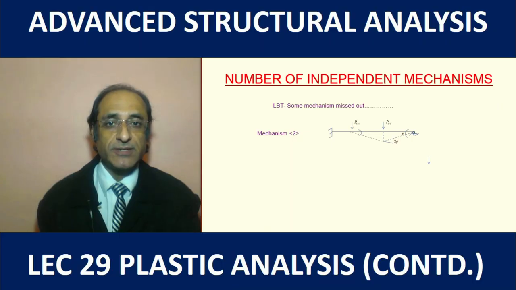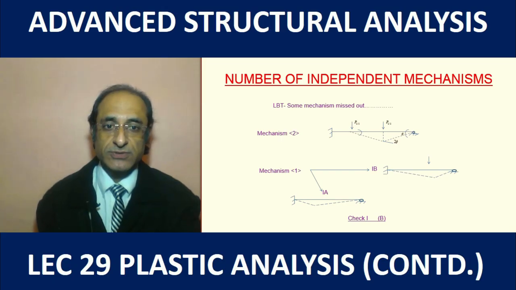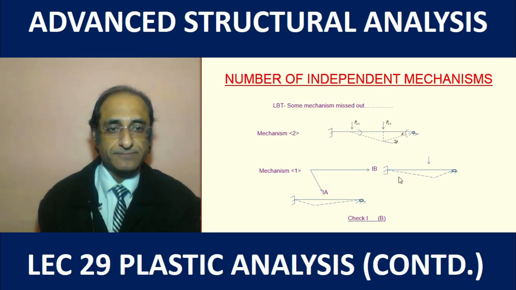So basically this is the second mechanism, which we had found gives a higher load, but the first mechanism is where there is basically the hinge formation at the support. So there are two possibilities. We had explored only one possibility, that is 1A. We had missed out 1B.